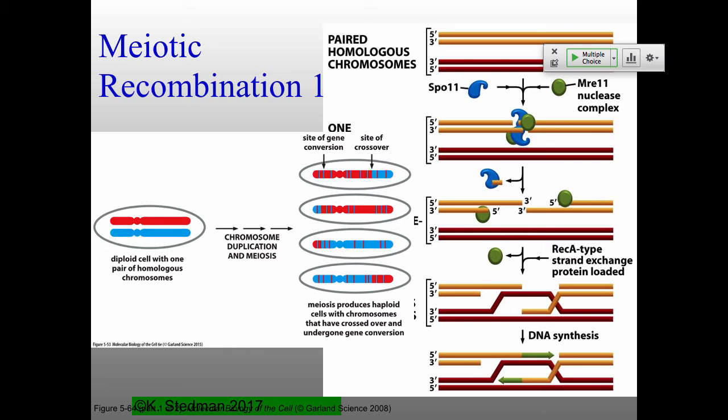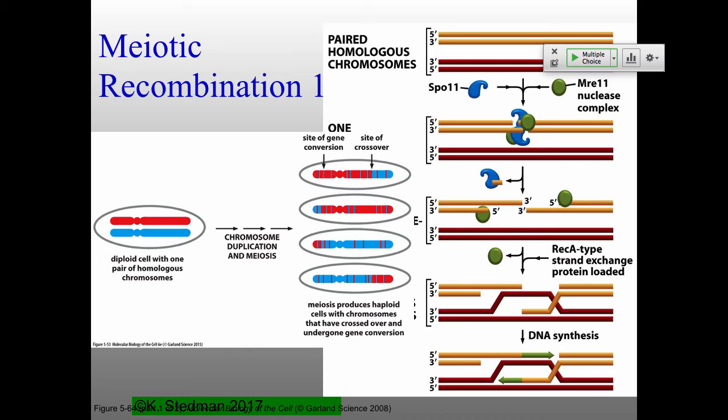This seems to be absolutely required for getting proper meiosis to take place, and that crossing over. Potentially one of the reasons that sex evolved in the first place was by having this kind of recombination that happens between parental chromosomes, so you can get rid of any of the recessive alleles that could potentially cause you lots of problems in the next generation.